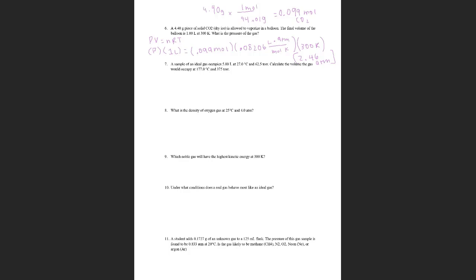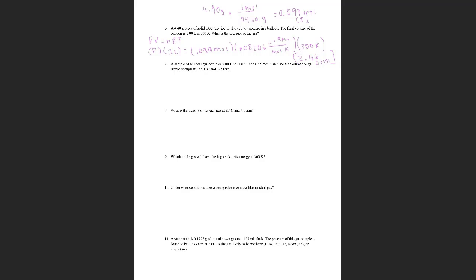Okay, so let's do number 7. It says a sample of an ideal gas occupies 5 liters at 27 degrees Celsius and 62.5 torr. Calculate the volume the gas would occupy at 177 degrees Celsius and 375 torr.